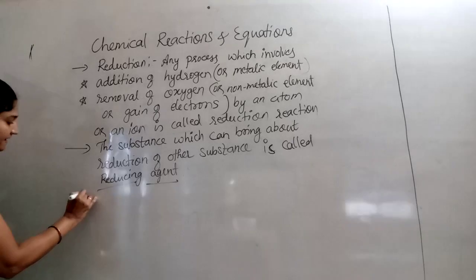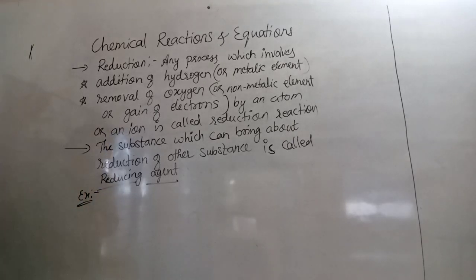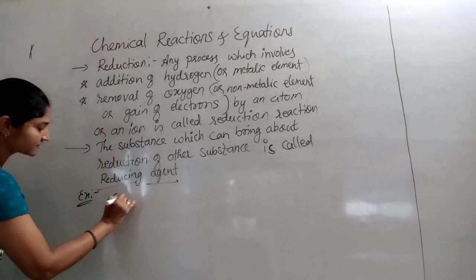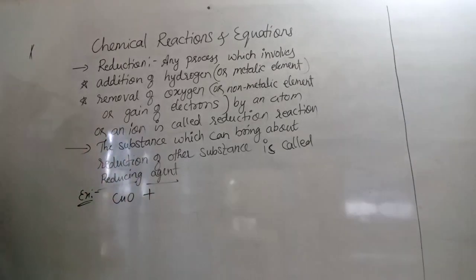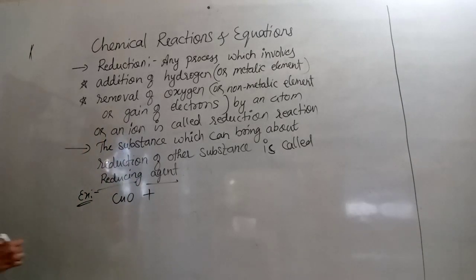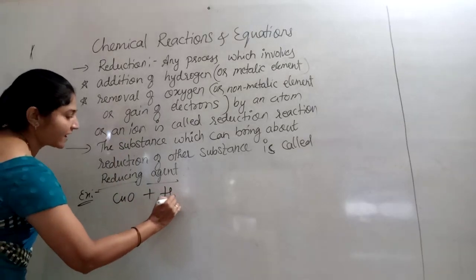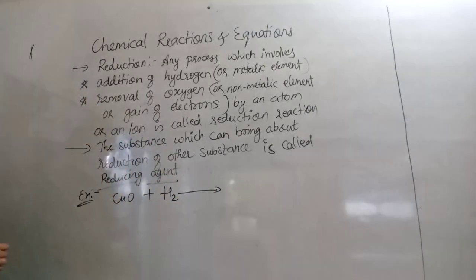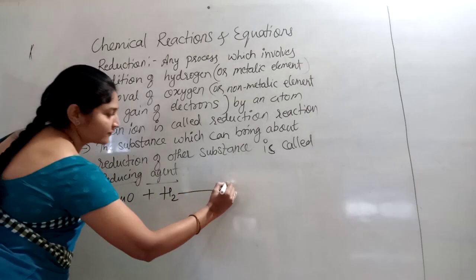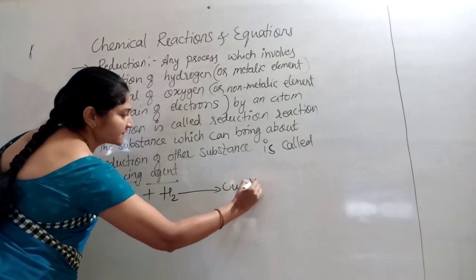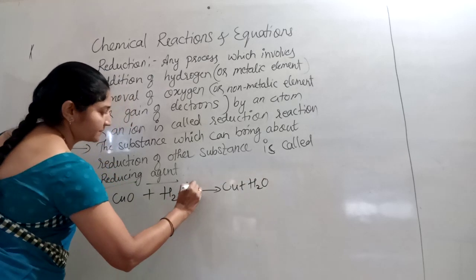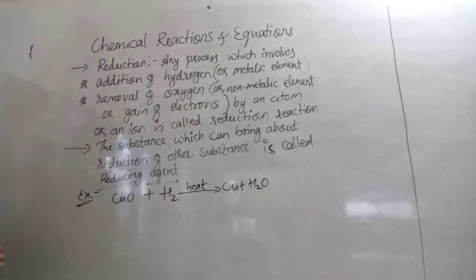Now take down the example for a reducing agent. Copper oxide reacts with hydrogen, and here it forms copper plus water, in the presence of heat.